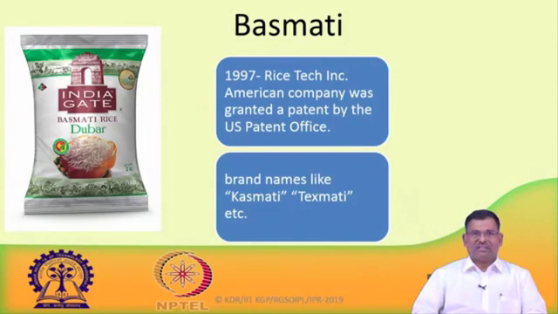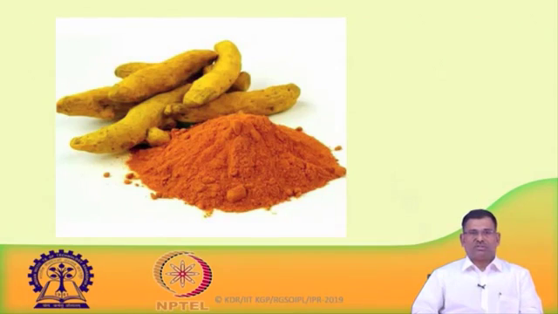It is India's intellectual property, which would come under one of the categories of intellectual property, that is the geographical indication. And this company was trying to patent it in the US, and the government of India had to fight the case in the United States, and finally, the US Patent Office revoked it.